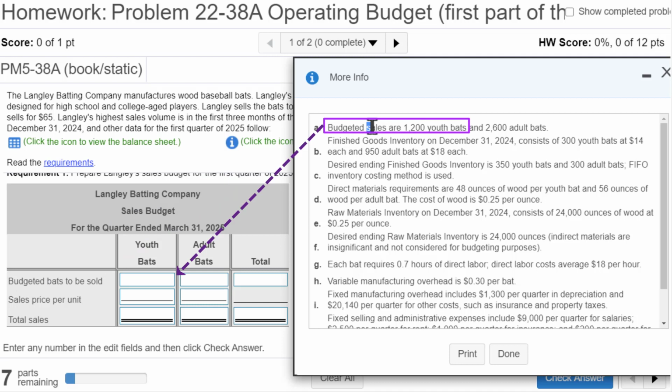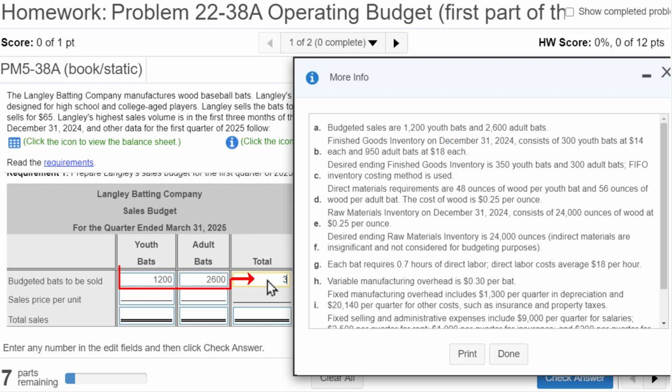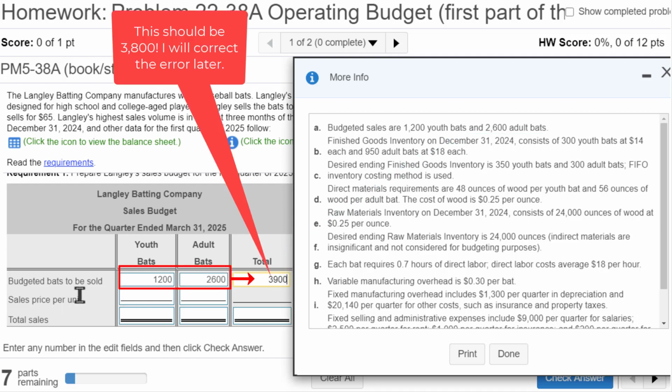Well, we think our budgeted sales are 1,200 youth bats. So I'm going to plug in 1,200 here. That means we budget or we project or we forecast that we will sell 1,200 youth bats. Our adult bats, we think there will be 2,600 sold, and that gives us a total of 3,800. Then we need to figure out the sales price per unit.